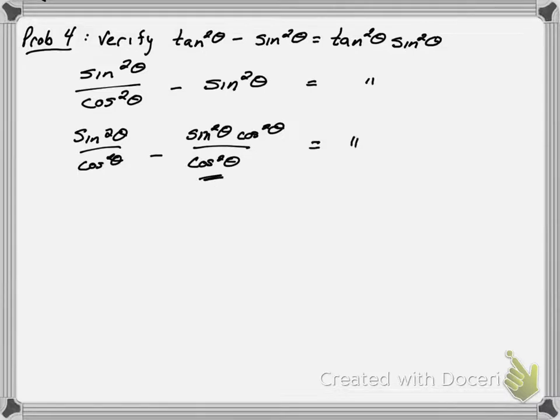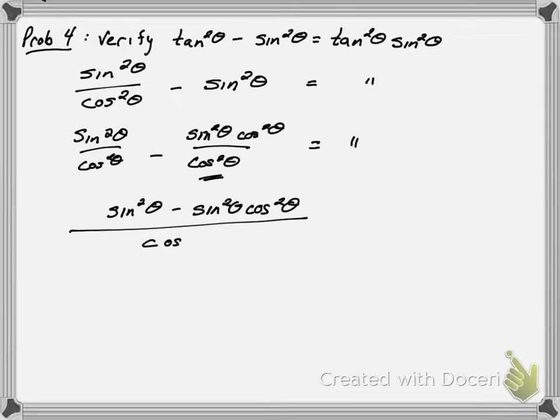So let's subtract them. That gives me sine squared theta minus sine squared theta cosine squared theta. And again, those are two things that you can't combine because they're different, over the cosine squared theta. Does that equal tangent squared? Let me write it again so you remember. Times sine squared theta. Okay?